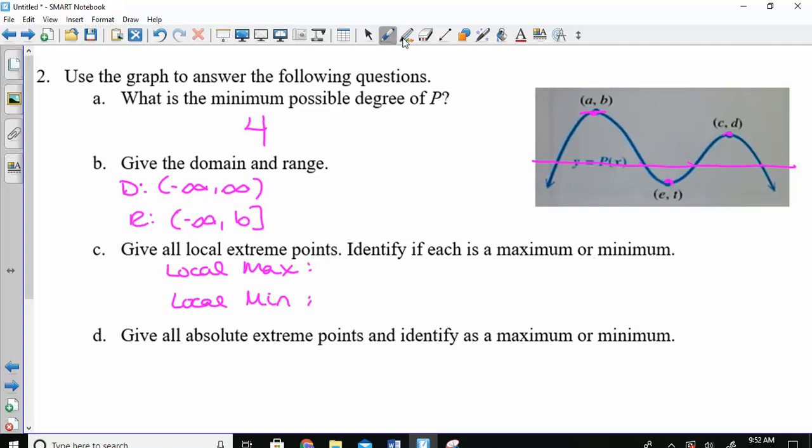So, local max, any points that are higher than the points surrounding them. What would that be? AB is 1.